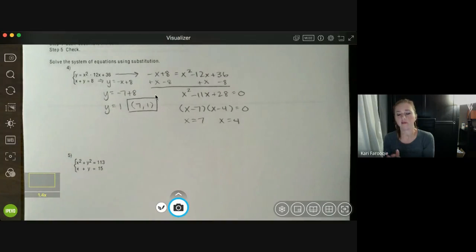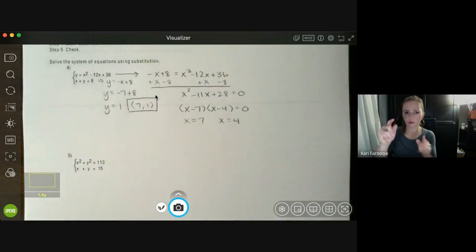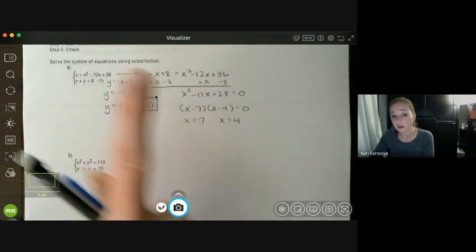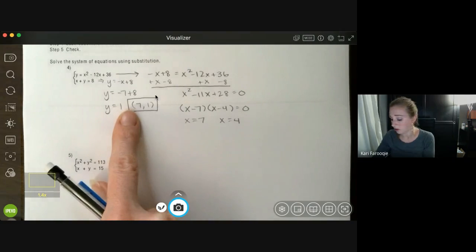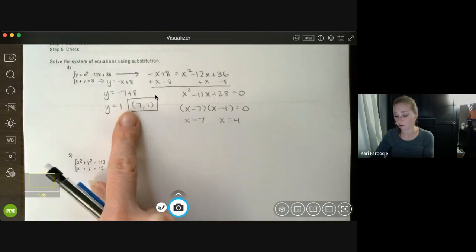And by the way, I feel like now I need to make a special note about this. In the last section, I said you can say x equals and put a box around it, and y equals and put a box around it. And I'm not going to force you to actually write your answer as an ordered pair. It's not a big deal. Here, you're going to have to do that for systems of nonlinear equations because you're going to have two different ordered pairs and two different values of x and two different values of y.